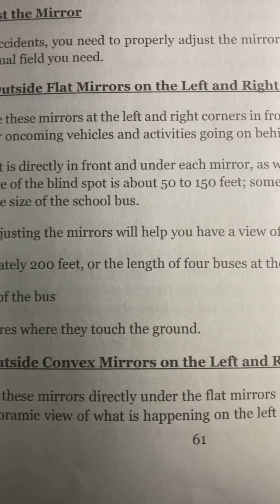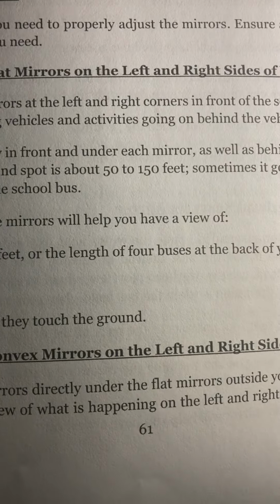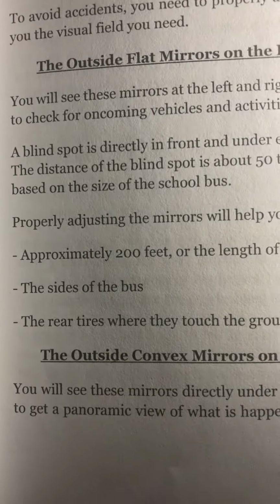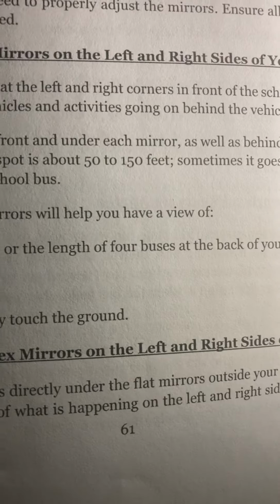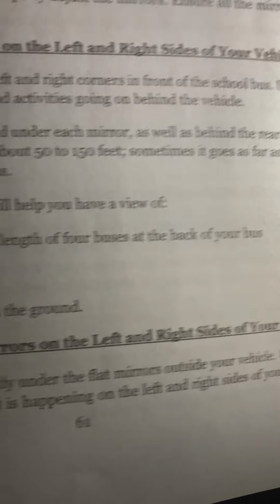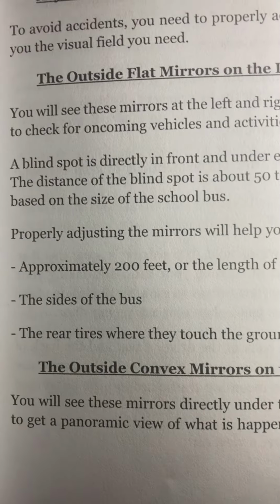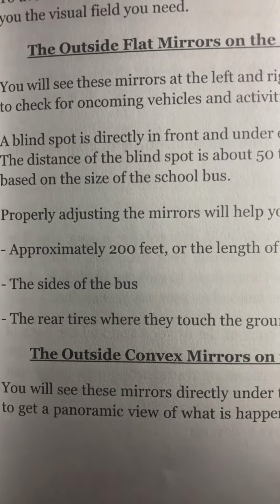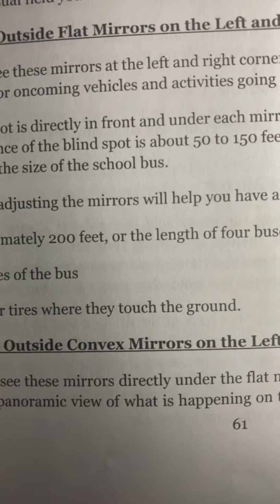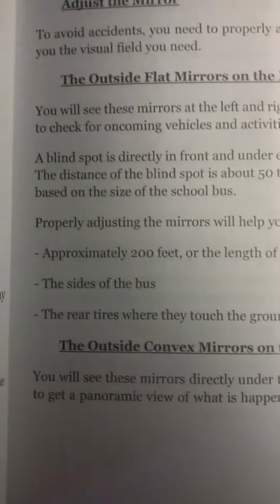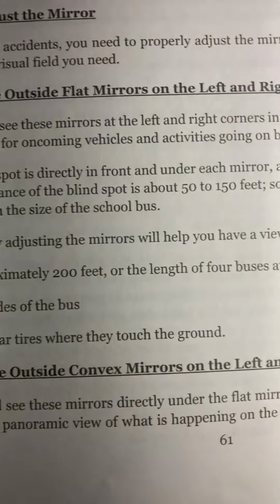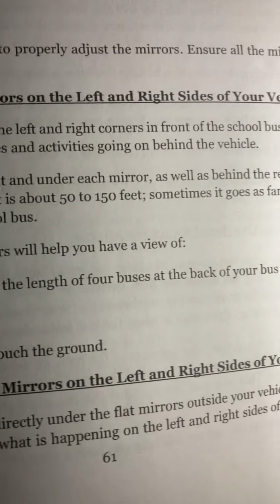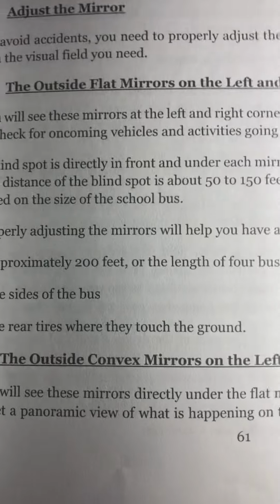Properly adjusting the mirrors will help you have a view of approximately 200 feet or the length of 4 buses at the back of your bus, the sides of the bus, the rear tires when they touch the ground, and the outside convex mirrors on the left and right sides of your vehicle.